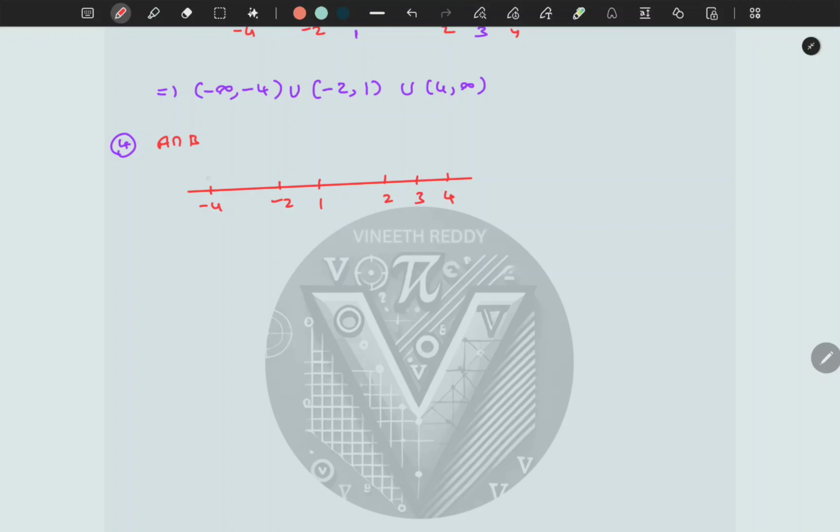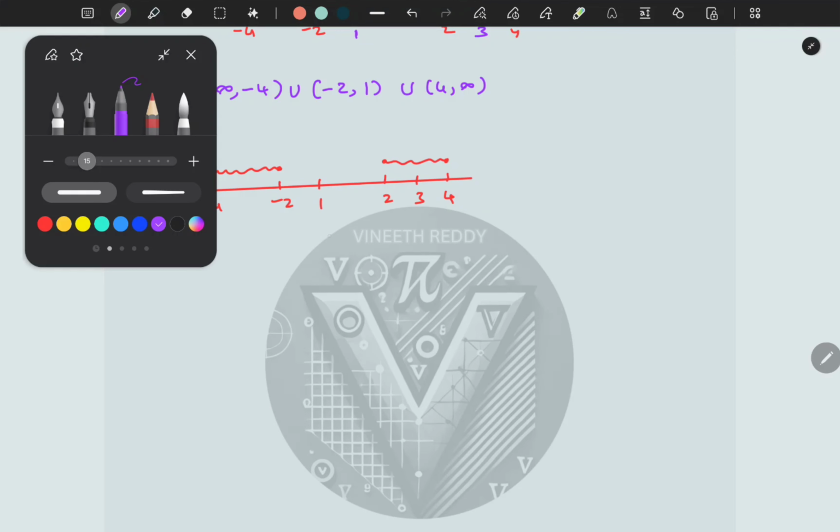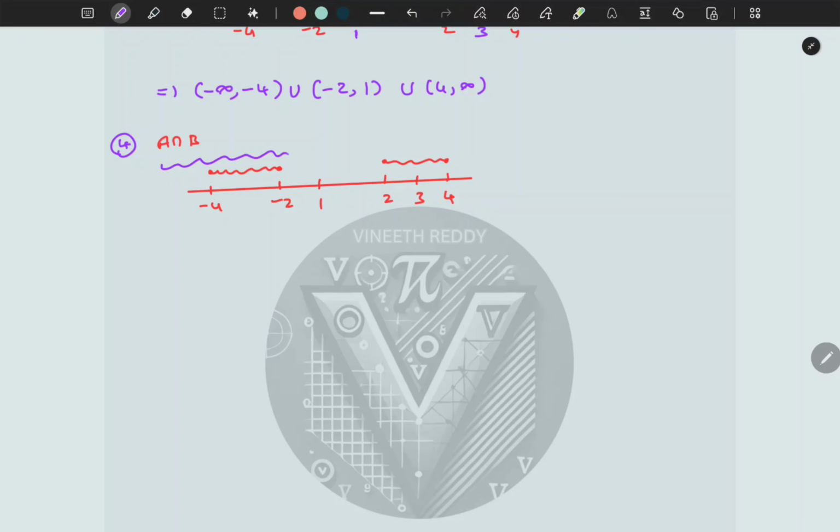Here is 1 and here it is 3. So A says it is strictly from minus 4 to minus 2, or 2 to 4, and then B says it is from minus infinity to 1 and then 3 to infinite. So what is the common region? This is the common region, dear students.